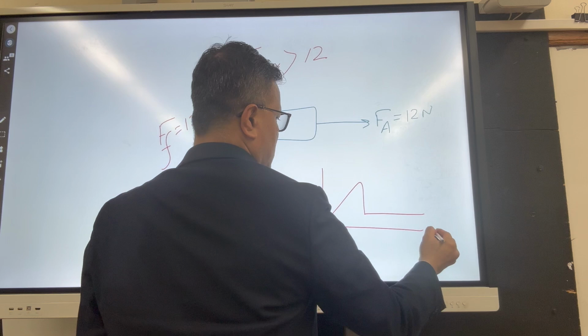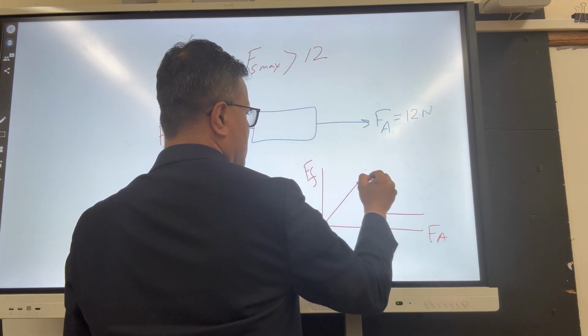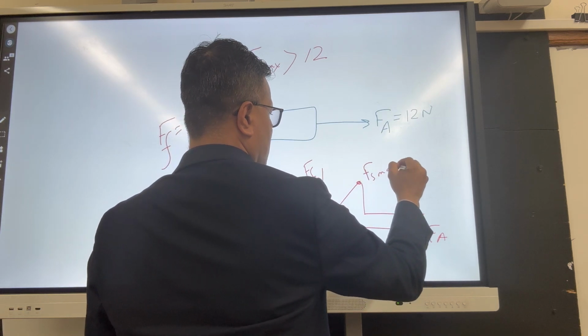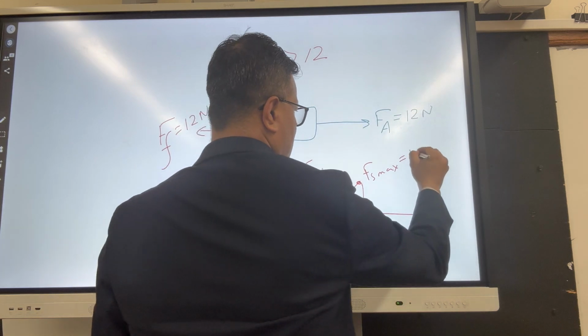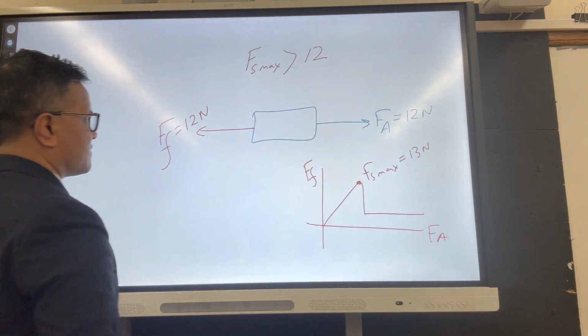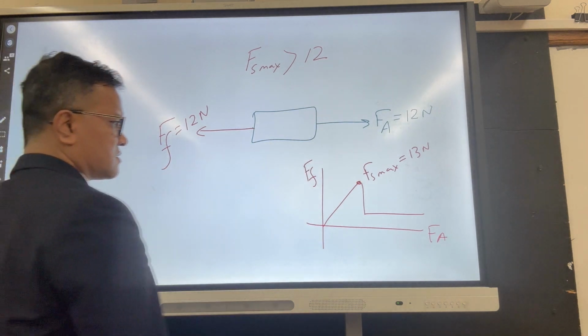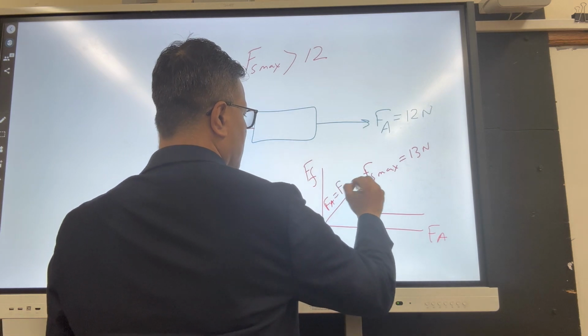So this is Fa, this is Ff, this is Fs max. If Fs max is, make up a number, 13 Newton, then 12 Newton is not enough to move this object. Remember, Fa is equal to Ff.